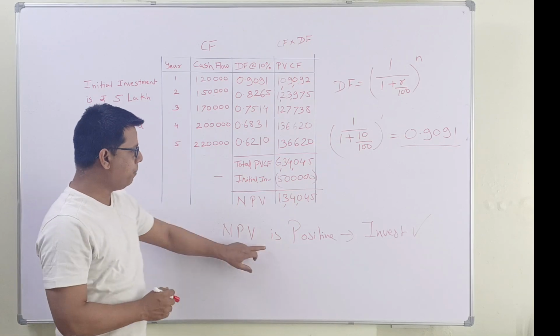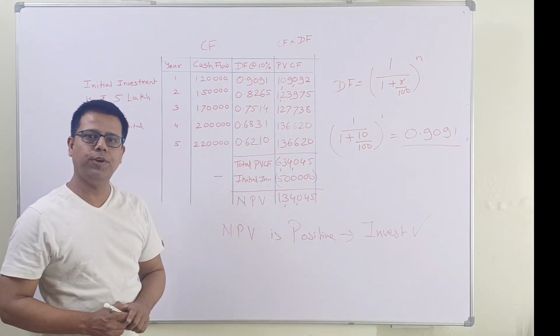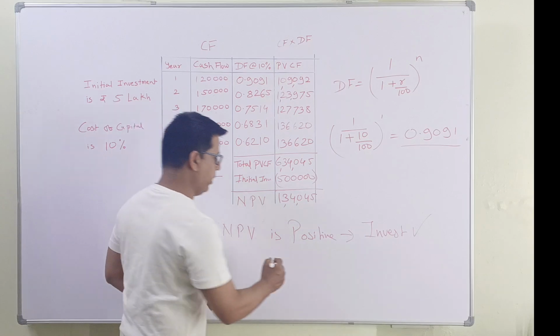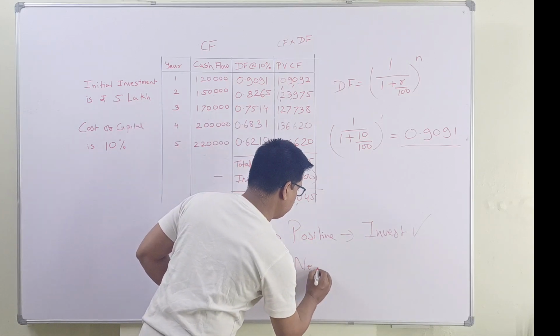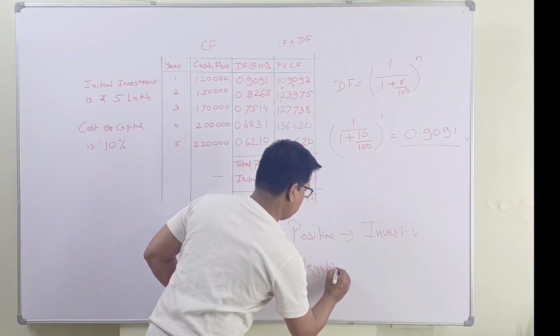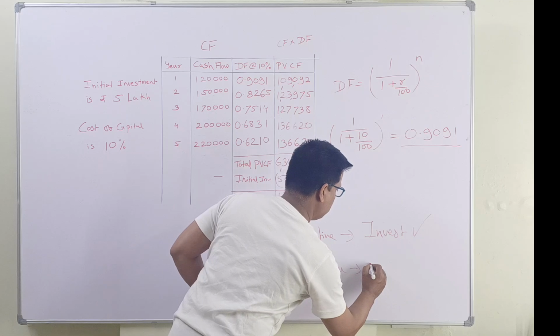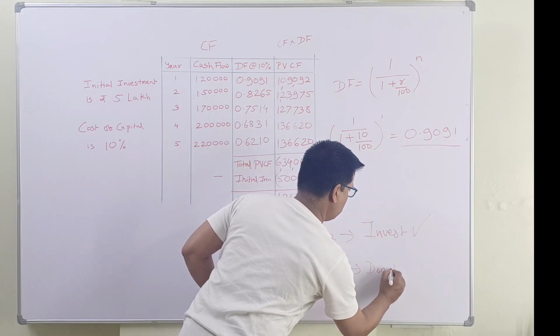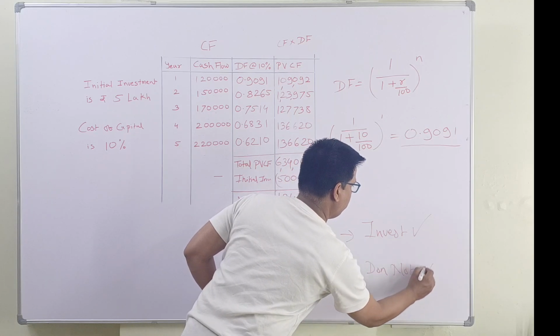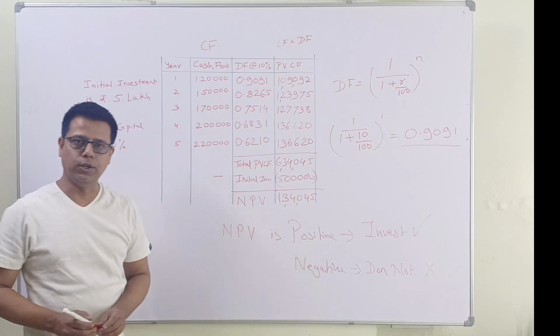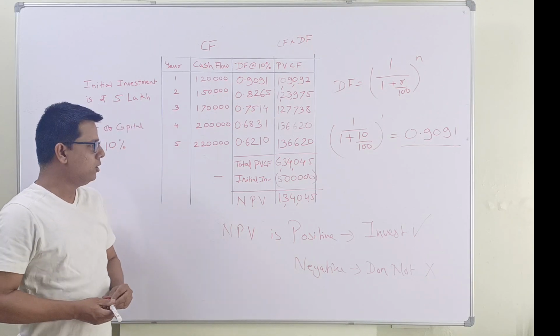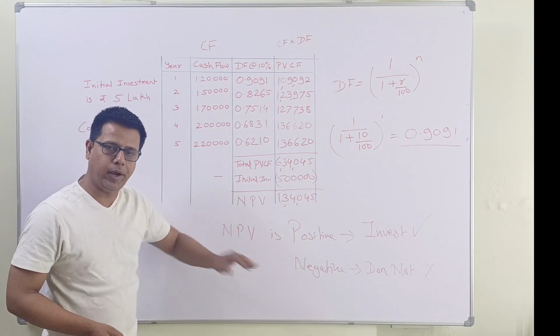If NPV is negative, we do not invest. So whenever NPV is negative, we do not invest. Understood? So this is the decision making criteria.